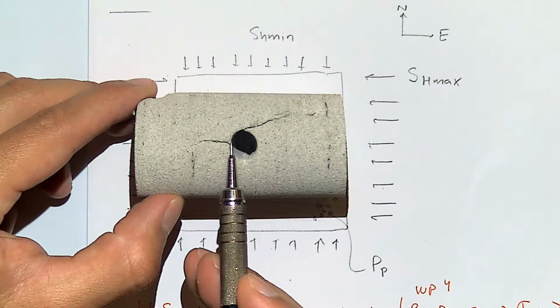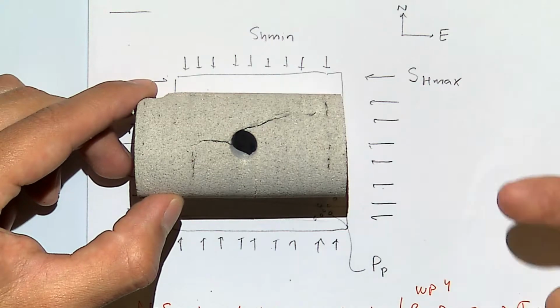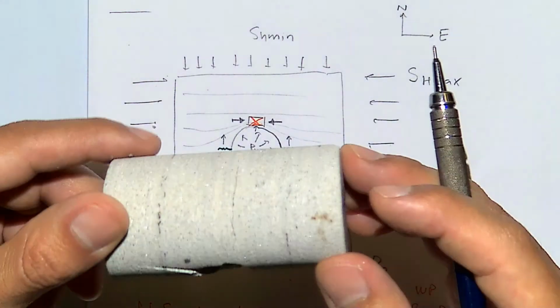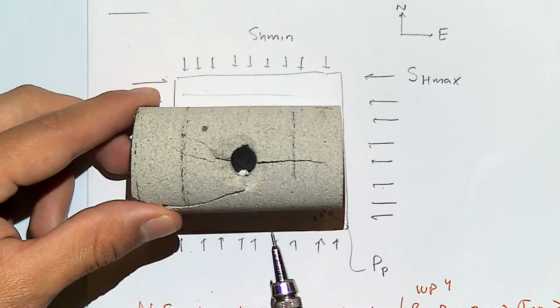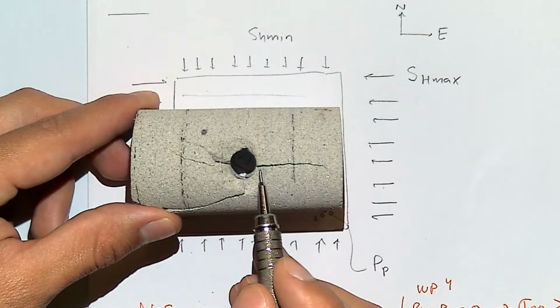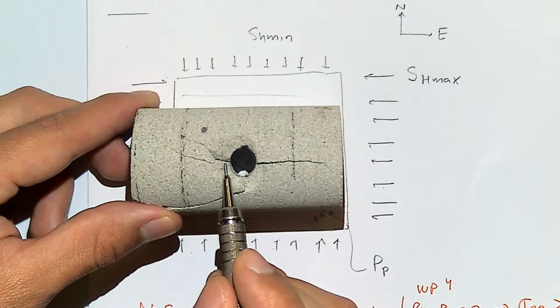Notice the orientation. It's in the same direction of the maximum stress. Let me check the other side. Well, this one, look, had that failure in top and bottom, or east and west. So here and there.